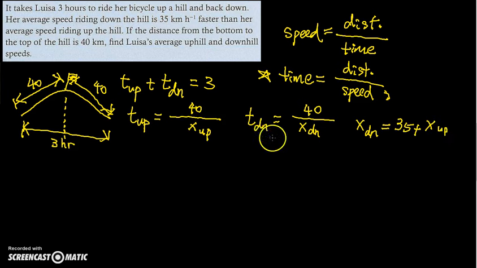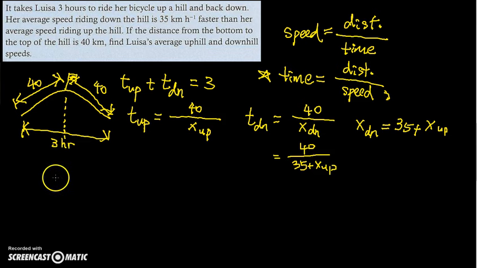So my t coming down is equal to 40 over 35 plus x up. Remember that x up just represents the speed going up. Now I can combine the t up with the t down to complete this equation.